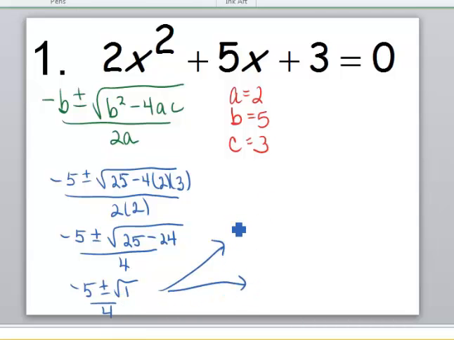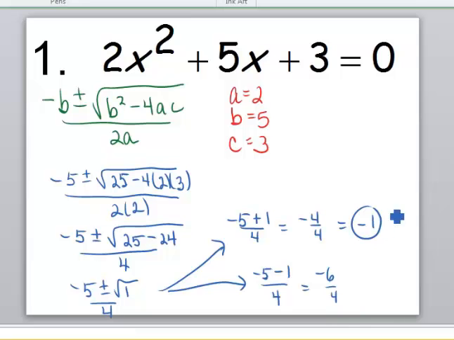I've got negative 5 plus the square root of 1, which is 1, over 4. And I've got negative 5 minus the square root of 1, which is 1, all over 4. This gives me negative 4 over 4, which is negative 1. There's one of my answers. And this one gives me negative 6 over 4, which is negative 3/2.